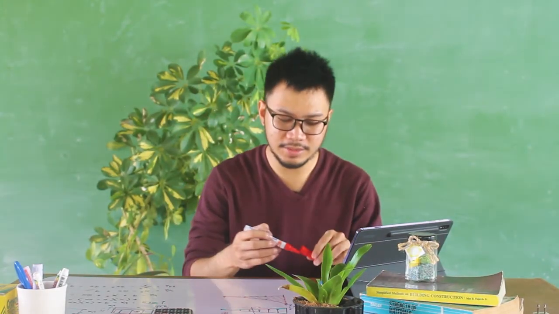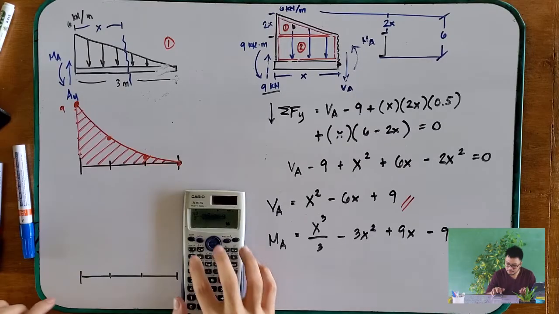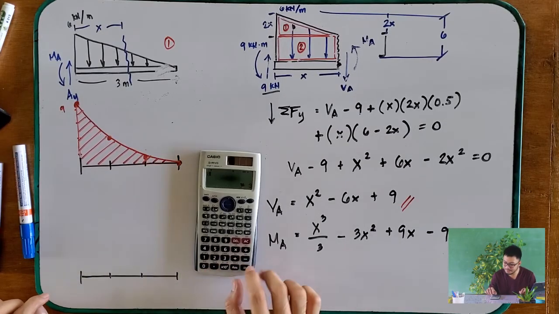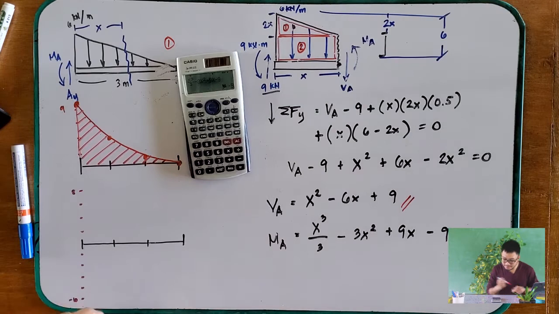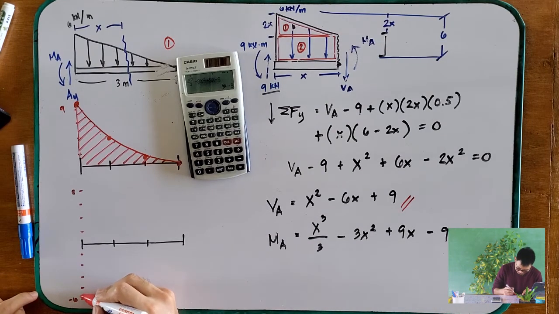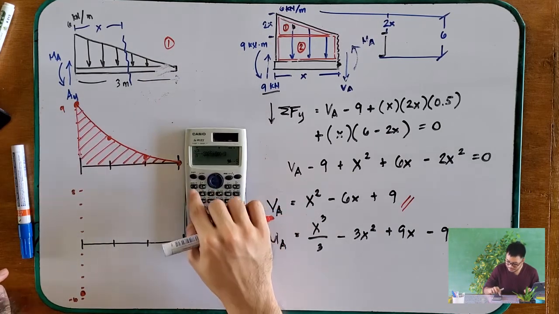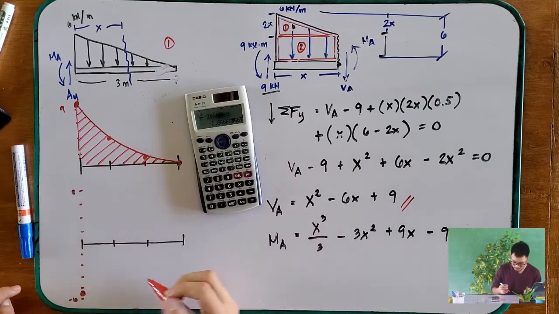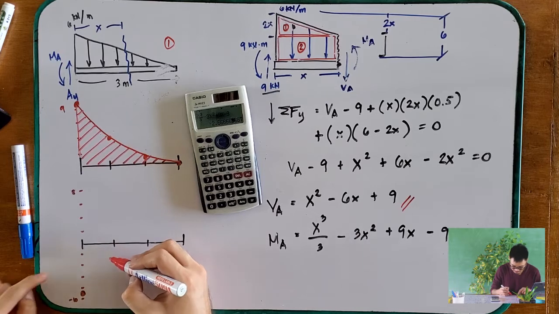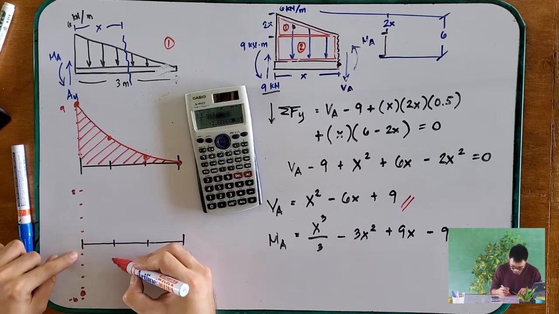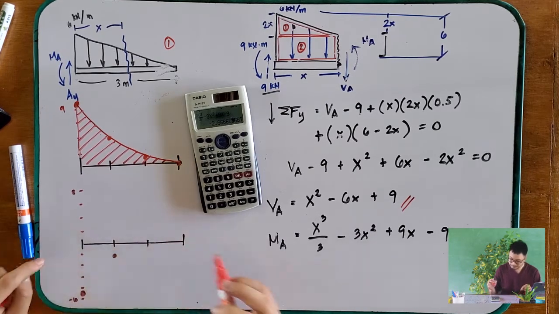Let's proceed to the last one, the moment diagram. What is your moment if x is 0? Negative 9. How about if 1? Negative 2.6, so 2 maybe.